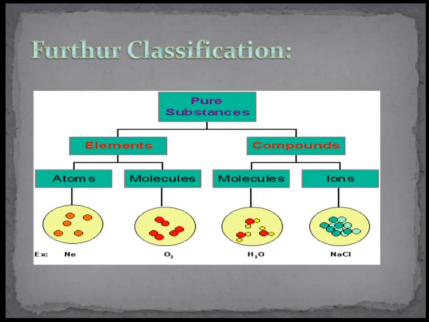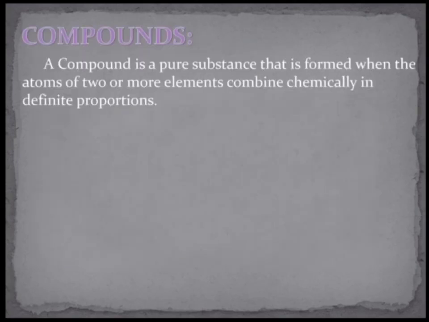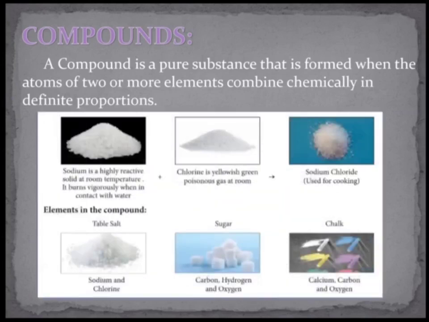In the ions of compounds also, there are two different kinds of atoms. Example, NaCl. One atom is sodium and another atom is chlorine, combined to form ions of compounds. A compound is formed when atoms of two or more elements combine chemically. For example, the atoms of the elements hydrogen and oxygen combine chemically in a fixed ratio to form the compound water.